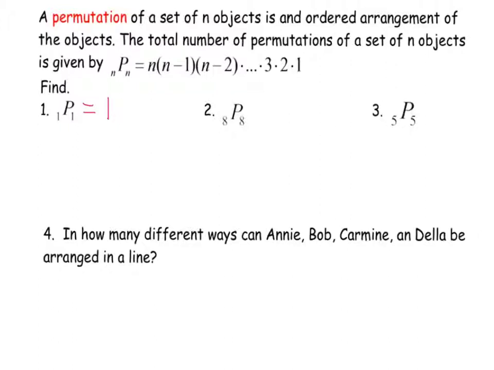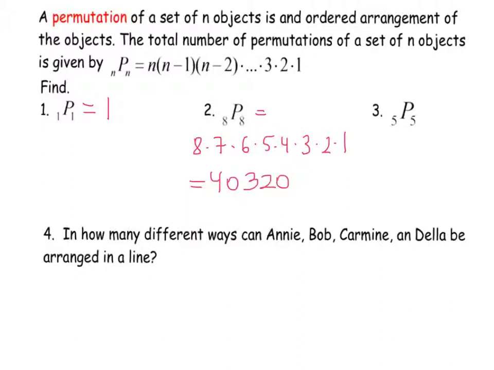The next one is the permutation of 8 objects, 8 taken at a time, which will be 8 times 7 times 6 times 5 times 4 times 3 times 2 times 1. If we find the product of these numbers, we end up with 40,320.